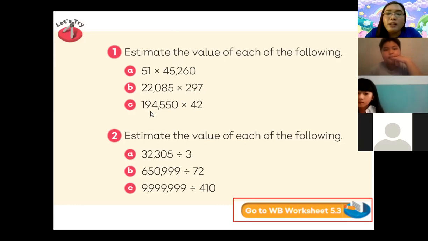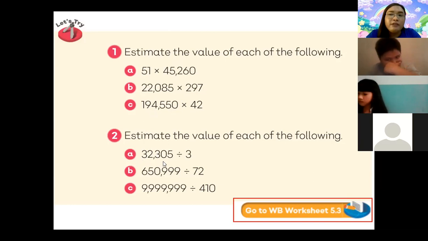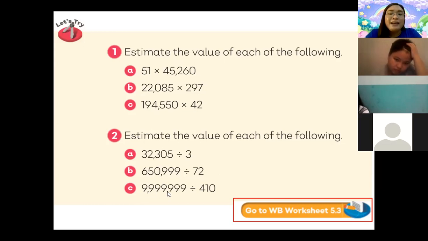Letter C, 194,550 times 42. And then for number 2, we have division. Letter A, 32,305 divided by 3. Letter B, 650,999 divided by 2. And letter C, 9,999,999 divided by 410.